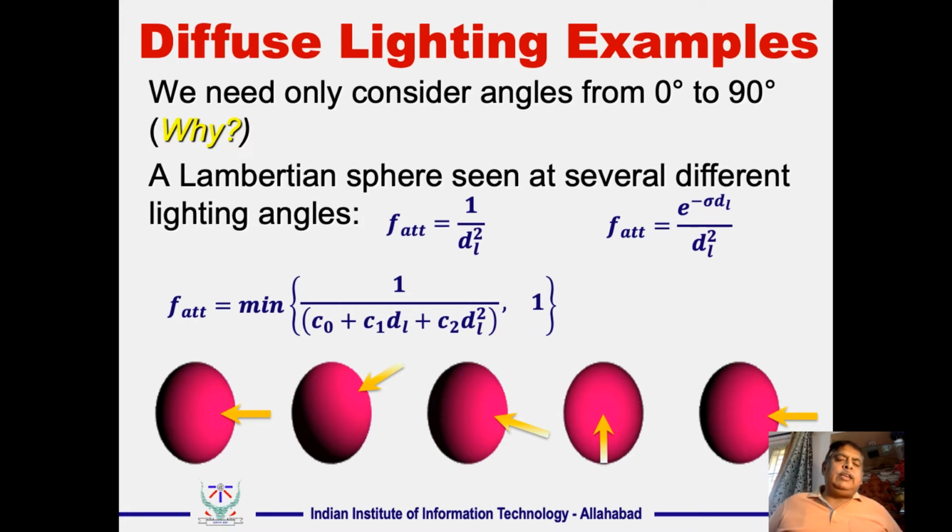F attenuation is equal to the minimum of 1 and 1 upon a quadratic equation, C0 plus C1 dl plus C2 dl square, where C0, C1 and C2 are coefficients which can be varied depending on the attenuation that we would like to compute. Please note that this has no physical relevance.